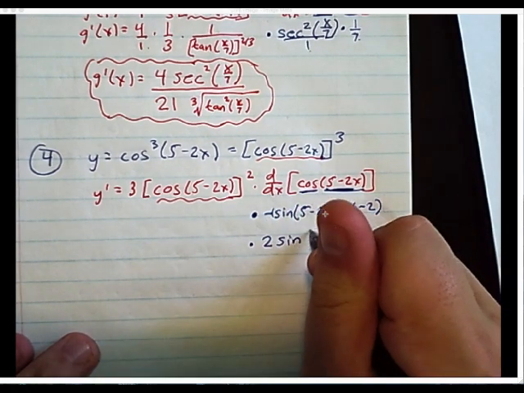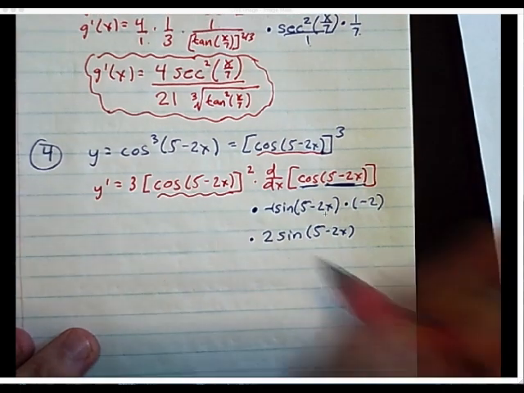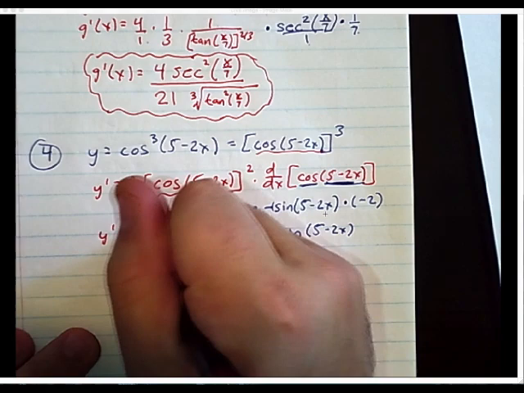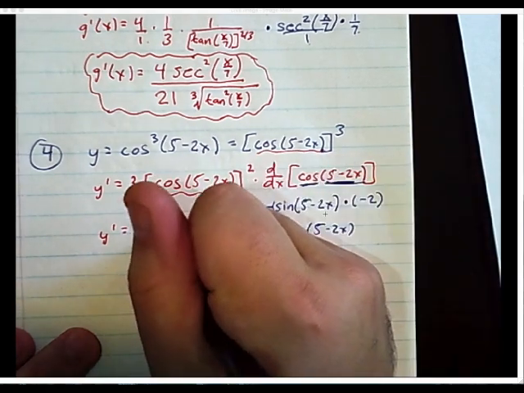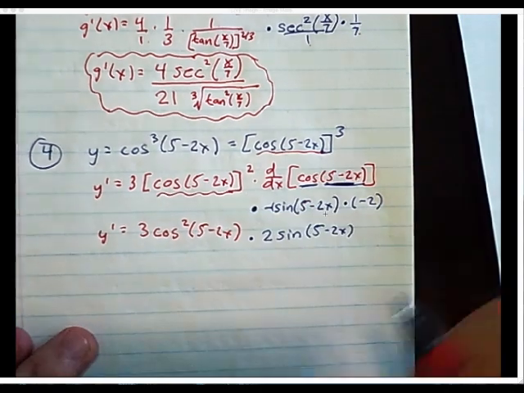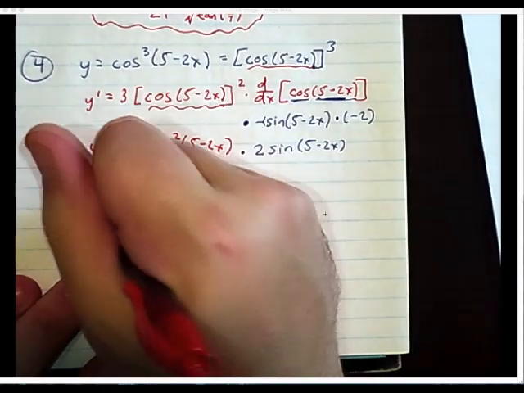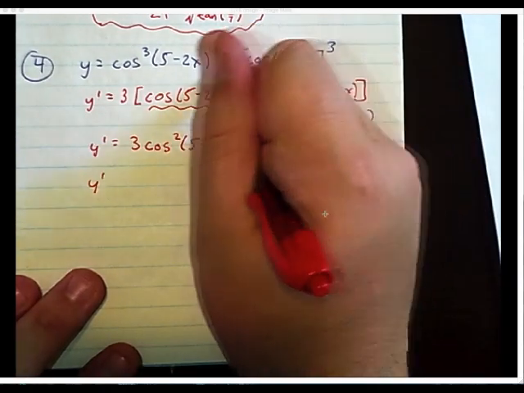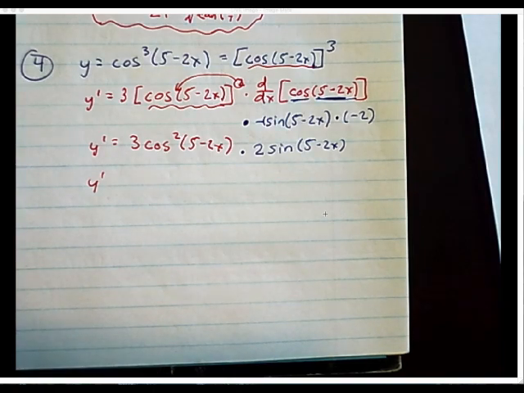So that's 2 sine of 5 minus 2x. And bring the rest down. Three cosine squared of 5 minus 2x. I can write it like that. All I did was just move this 2 right there. You're allowed to write cosines like that, any trig function like that.